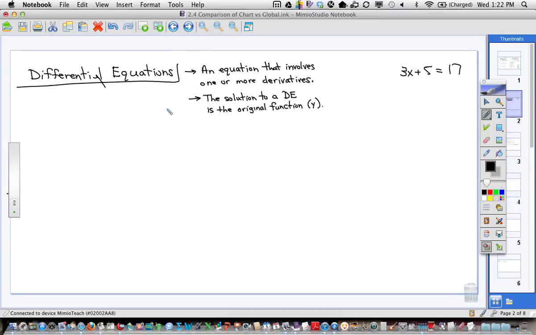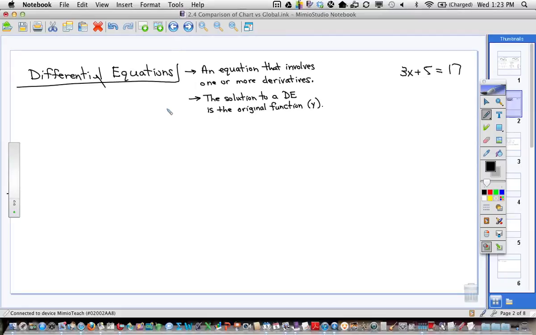See? The reason 4 is the solution to this is because it makes it true. If I put a 4 in here, I get 17 equals 17, which is a true statement. If I put any other number in for x, I get a false statement. So that's what a solution is: a thing that you plug in to make a true statement. So that's what we are going to have here.